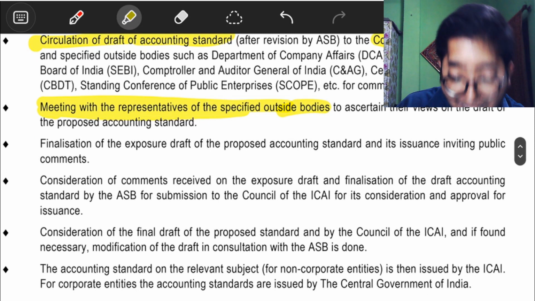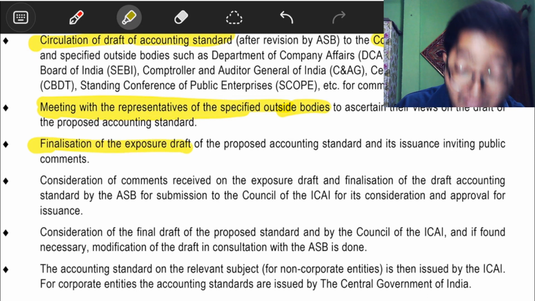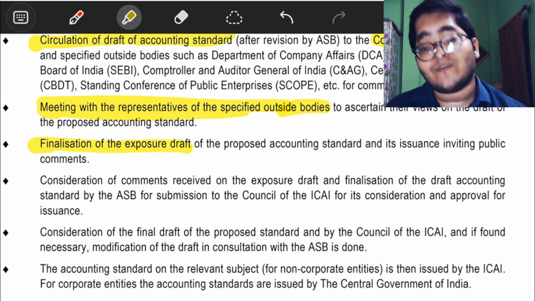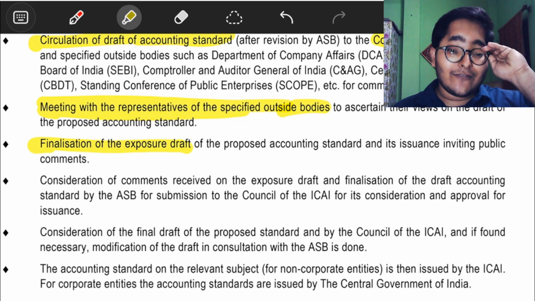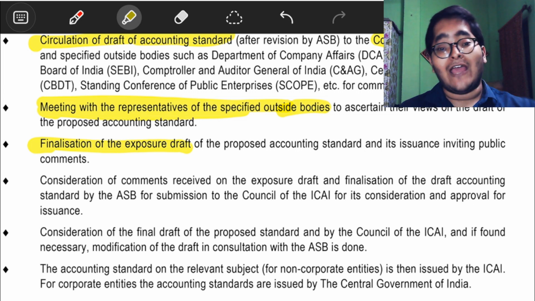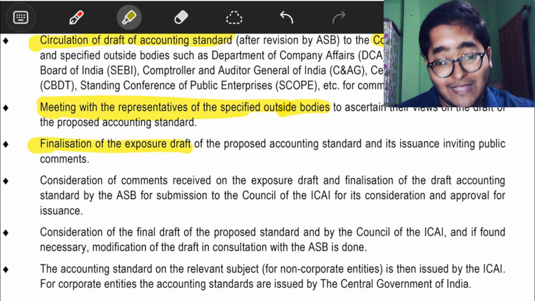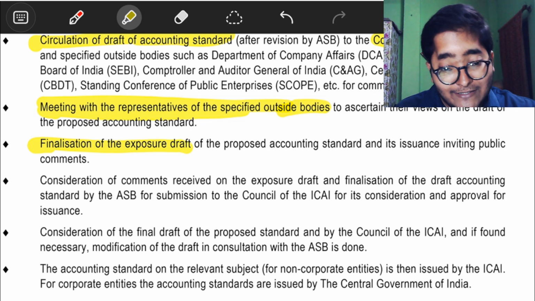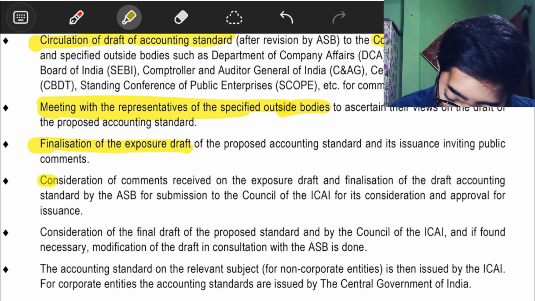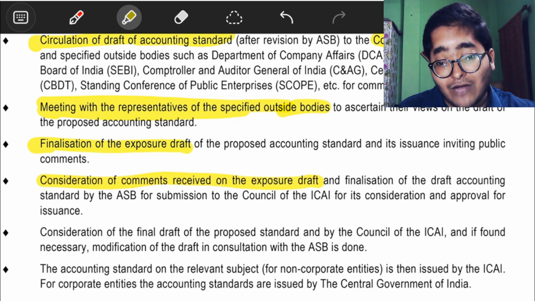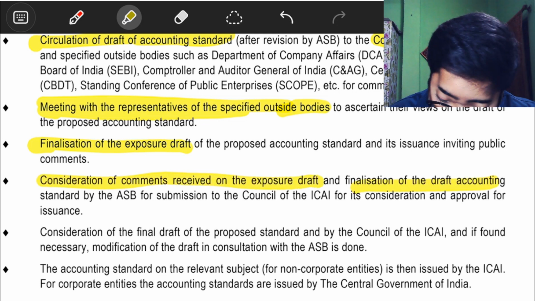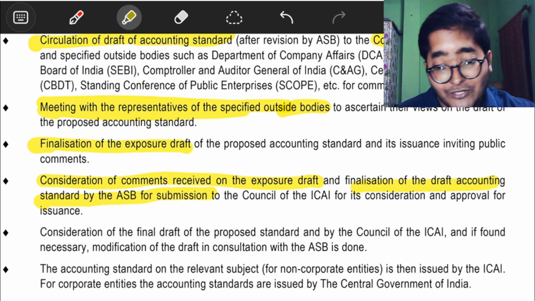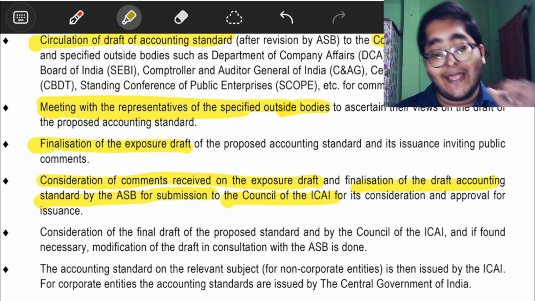Next is finalization of the exposure draft. The exposure draft that is discussed upon by the representatives of specified outside bodies is then finalized after giving effect to the modifications and the proposals. Next is consideration of comments received on the exposure draft and finalization of the draft accounting standard by the ASB for submission to the Council of ICAI.